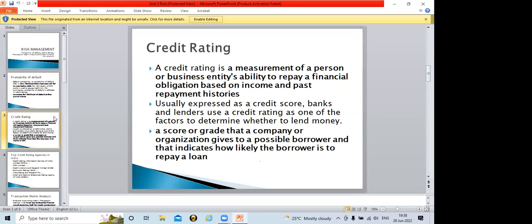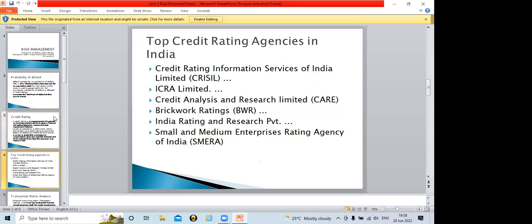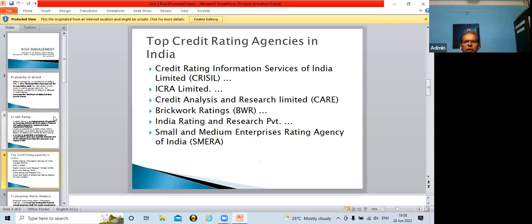Yes, sir. Okay. Now, let's know the top credit rating agencies in India. So, CRISIL, the long form is Credit Rating Information Services of India Limited.